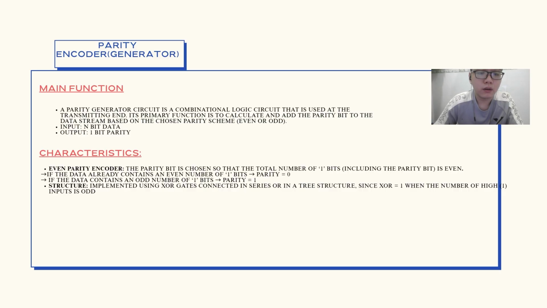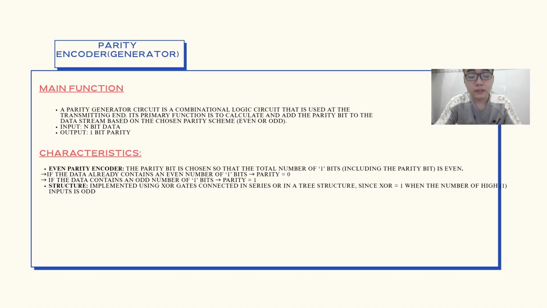It operates as follows. If the number of 1s in the data is even, the parity bit is set to 0. If the number of 1s is odd, the parity bit is set to 1. This encoder can be implemented using a series tree structure of XOR gates, because an XOR gate outputs 1 when the number of high inputs is odd. It naturally fits the logic required for parity generation.